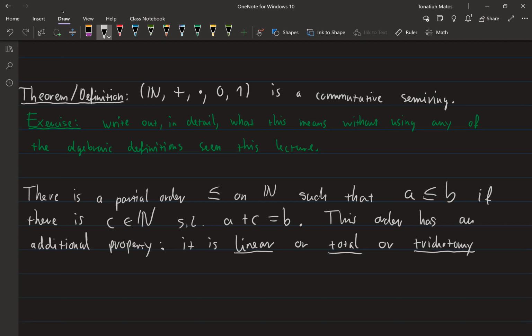Trichotomic, I guess, or satisfies the trichotomy law. And what that means is that for all natural numbers a and b, either one of them is bigger than the other, right?